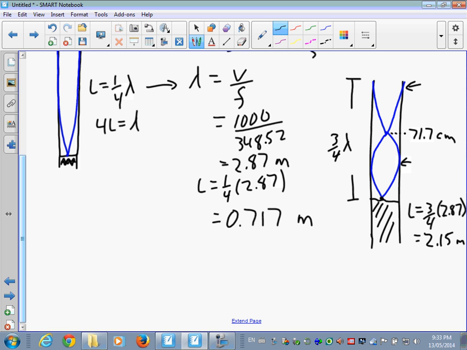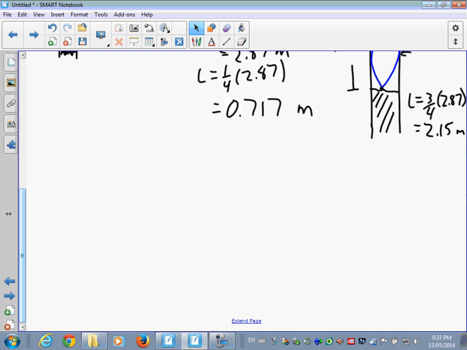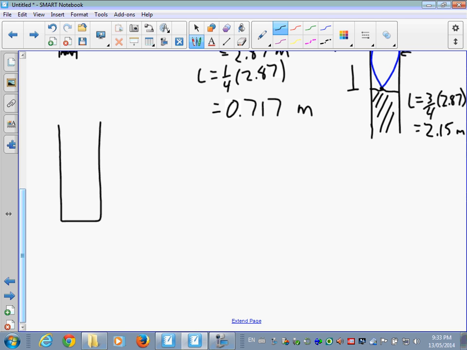Is there any way that we can get no feedback at all from this tube? We notice that you have to have a node at the bottom. When we get a loud sound, we have an antinode at the top. So if we want a quiet sound, all we have to do is position the length so that you have a node at the top.